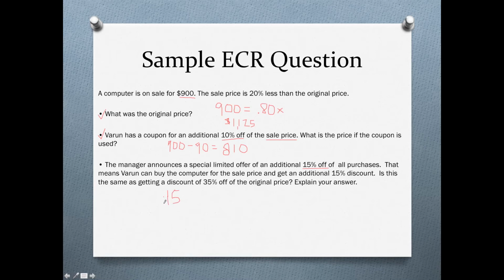So 0.15 times 900 is going to give me $135 off. And $135 off of $900 is going to give me a new price of $765.